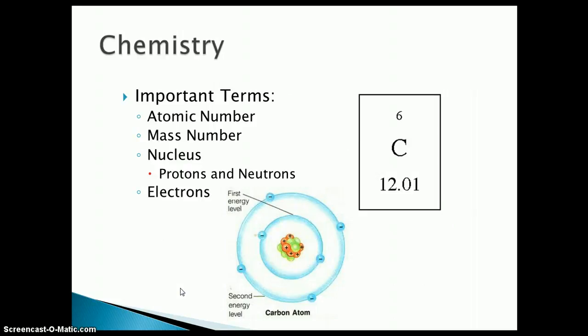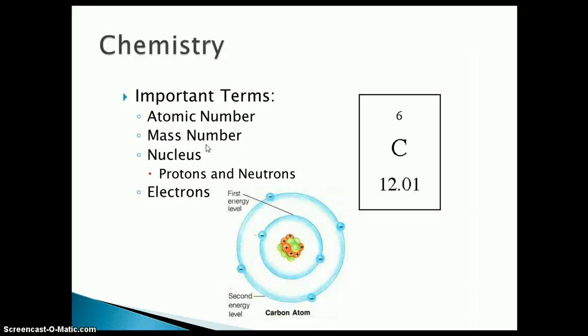And that's why different atoms bond. In another video, I'll talk a little bit more about bonding and the 3 types of bonding that we'll be concerned with for this class. So these are some important terms to definitely know: atomic number and mass number. You could easily see a question about mass number. She could say carbon has an atomic number of 6 and a mass number of 12.